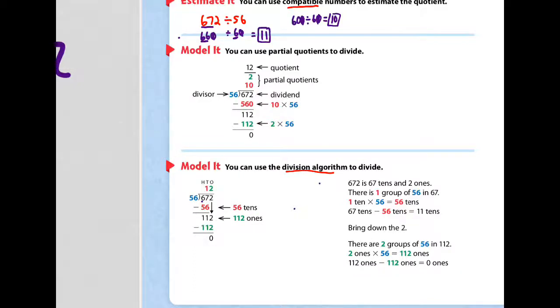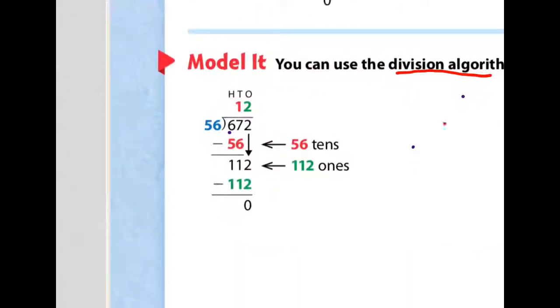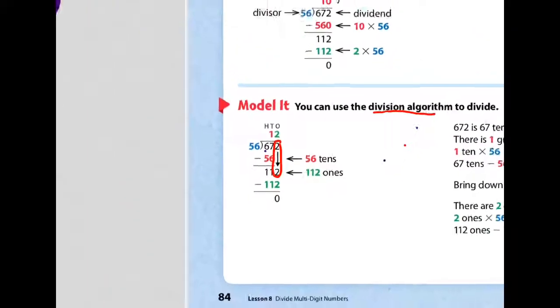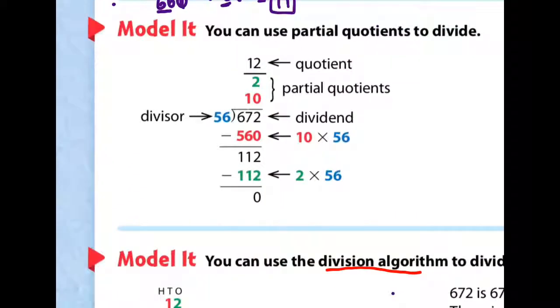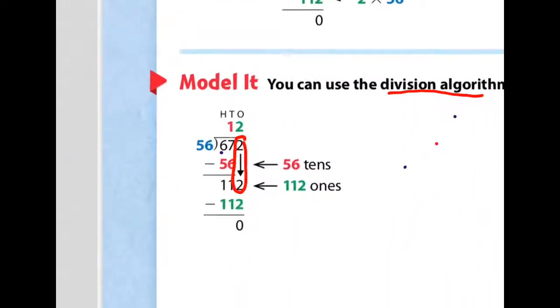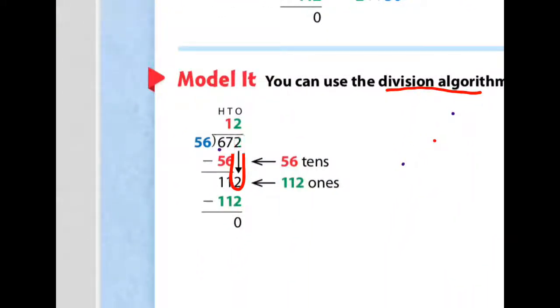When we bring down the 2 ones right here, okay, we are comparing that to the first subtraction step right here. Okay, so up here, I'll explain in the division algorithm. So remember, let me white out some of this stuff and make it easier to see. I should have it on thicker pens, taking too long. All right.